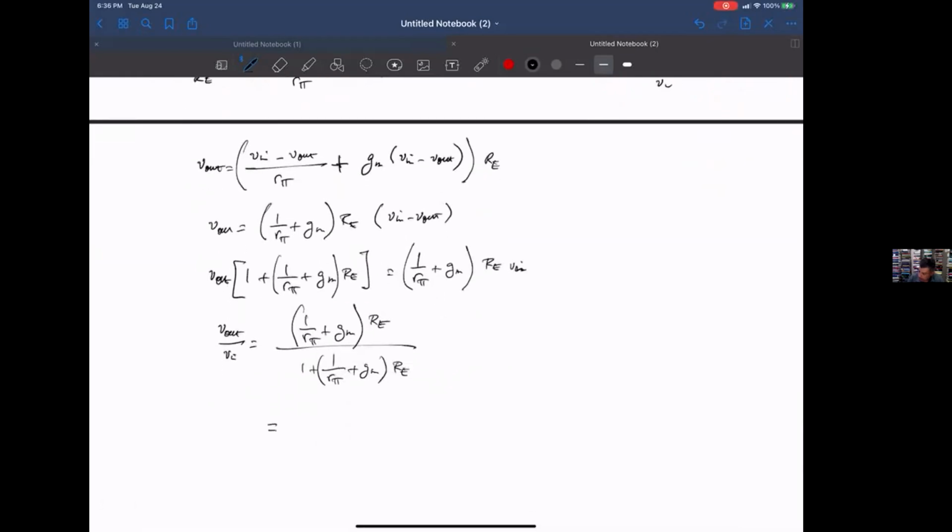Multiply both top and bottom by R sub E, R sub pi, and then you basically gather stuff up and you end up with (1 plus g sub m R sub pi) R sub E over R sub pi, plus (1 plus g sub m R sub pi) over R. Okay, that's that ratio.